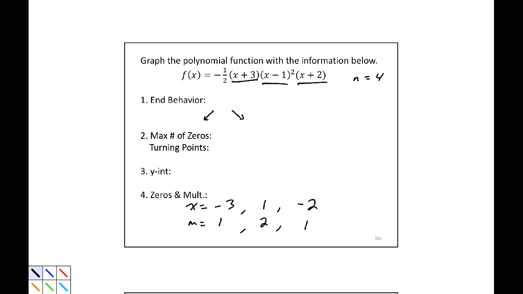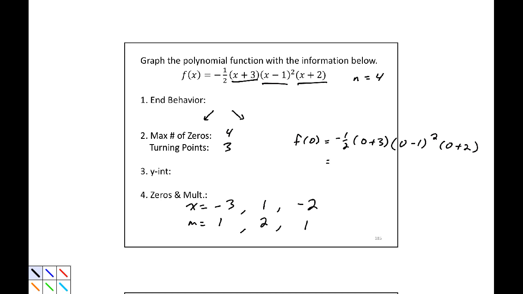Now, based on that degree, our maximum number of zeros is 4. Our maximum number of turning points is 3. And then we need to find f of 0 for our y-intercept. That would be negative 1/2 times 0 plus 3, 0 minus 1 squared, and 0 plus 2 as our different factors.